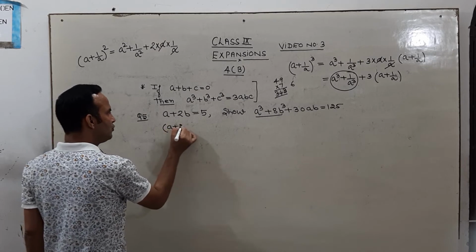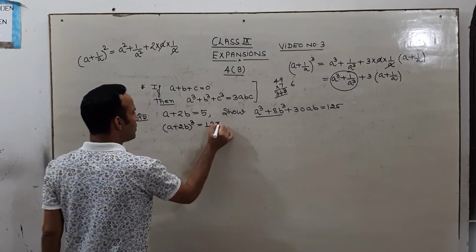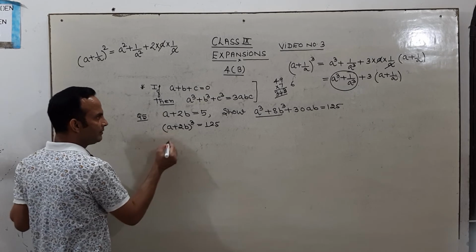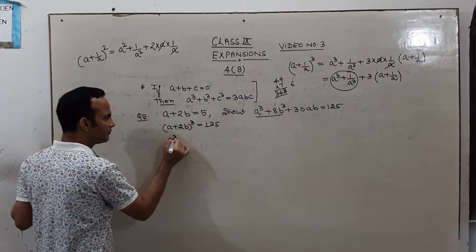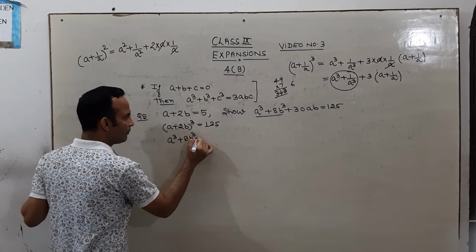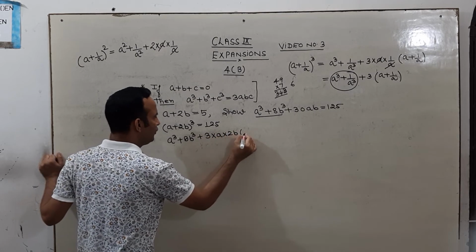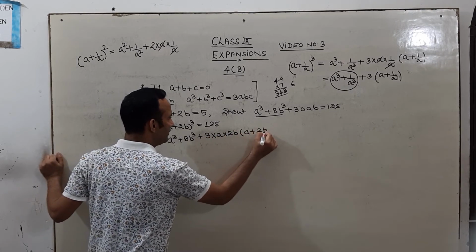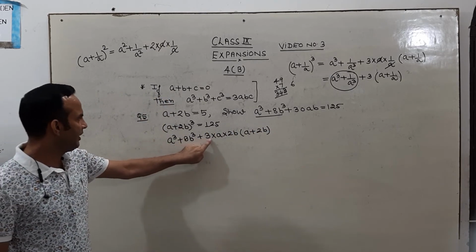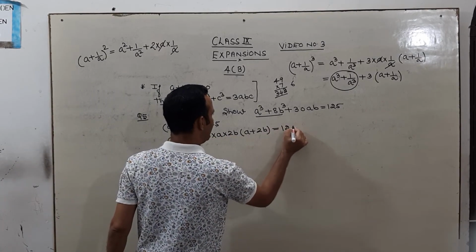Okay, a plus 2b whole cube is equal to 125 because the cube of 5 is 125. Now open it. A cube plus 8b cube plus 3 into a into 2b into a plus 2b is equal to 125.